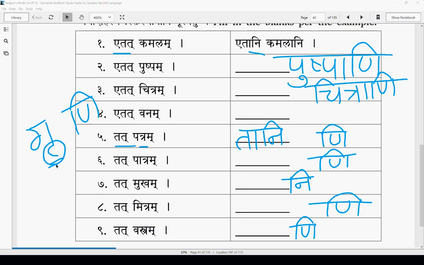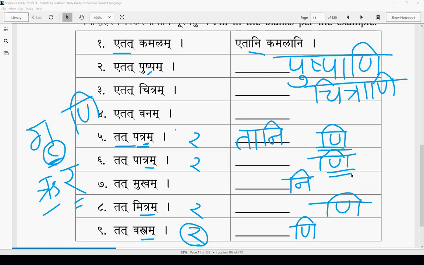understand this: if there is a ru vowel or refa or the ra sound somewhere, like in patram, there is a ra right in between. Mitra has a refa, and vastra has a refa. If there is a ra sound or ru sound inside the word, then in the bahuvachanam we have the retroflex na: patra, patrani.